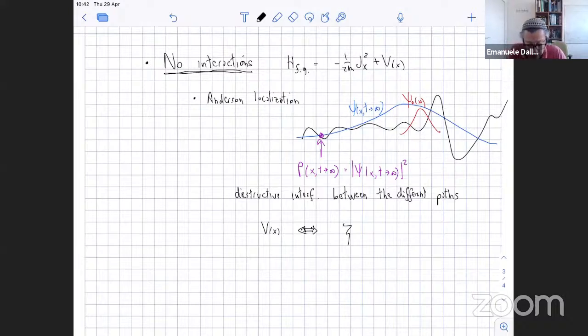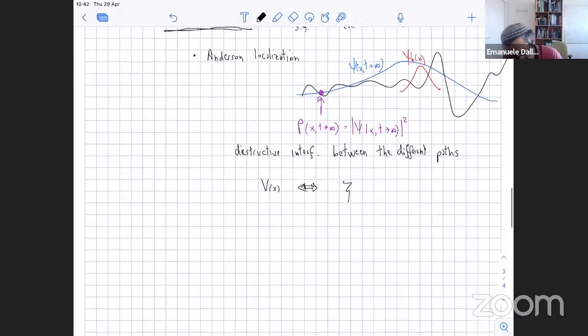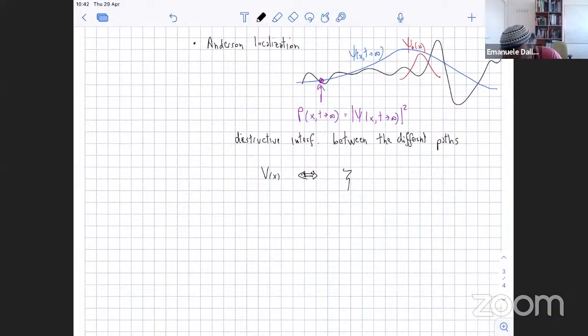But then, this approach was formalized by a very famous work, which is known as the Gang of Four. These are four physicists, Abrahams, Anderson, Licciardello, and Ramakrishnan, who in 1979 wrote a very influential paper, which is called The Scaling Theory of Localization.